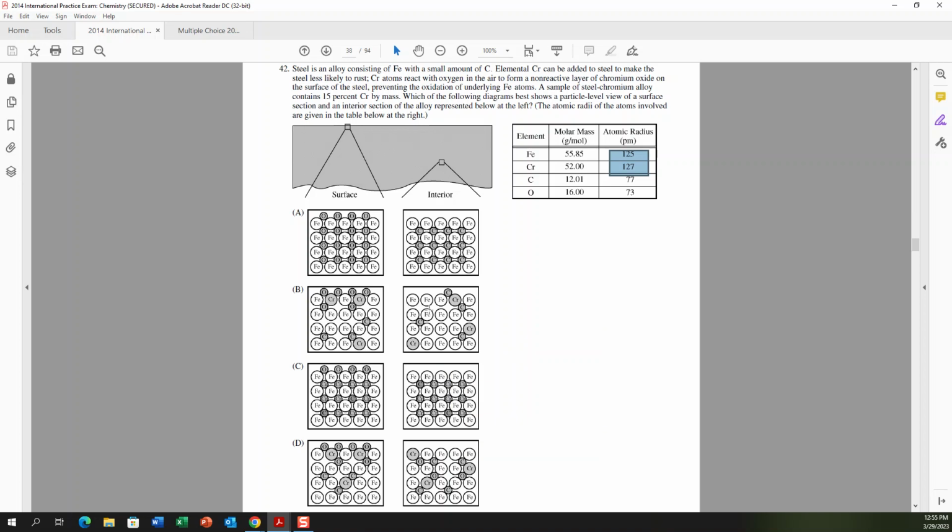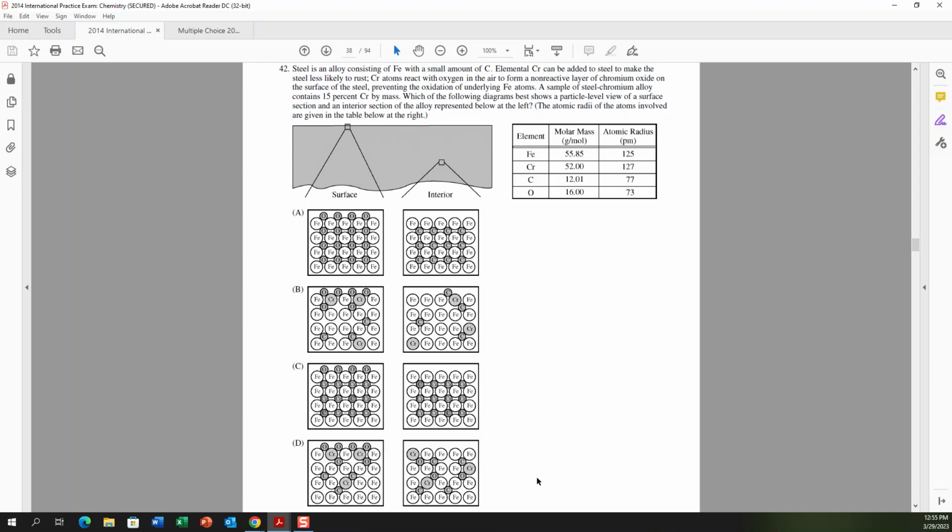So if we look at some of this, this doesn't show any chromium, and no chromium here. This might be a nice picture of high carbon steel here, but it's missing the chromium. This one has the chromium, so B is the right answer. This one's incorrect because it shows chromiums that are too small.